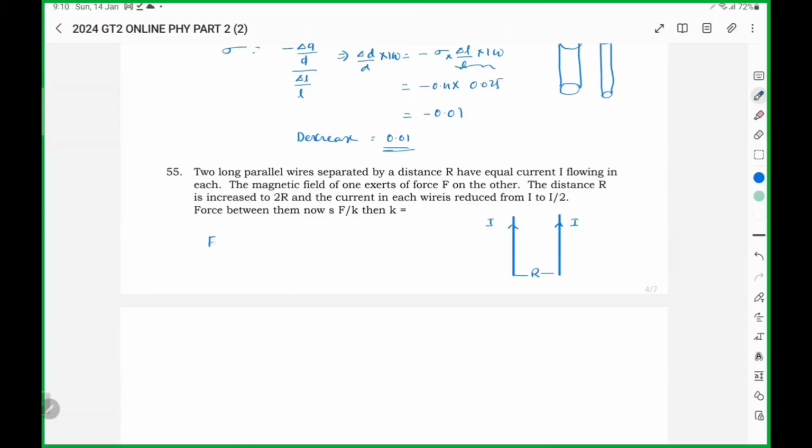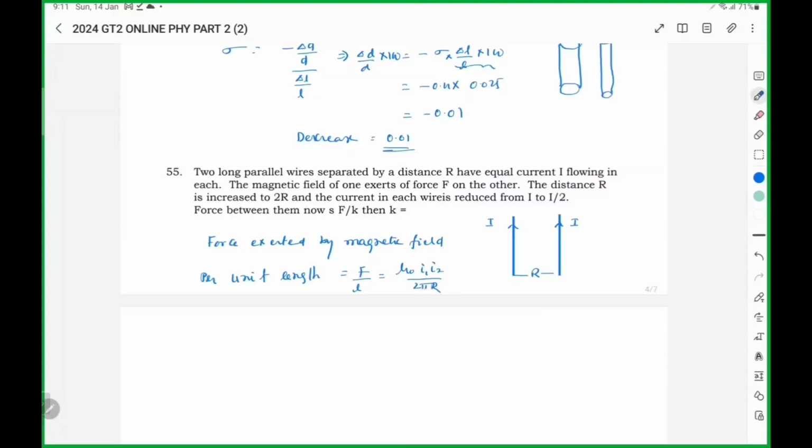That force exerted by the magnetic field per unit length is mu naught I1 I2 by 2 pi r.